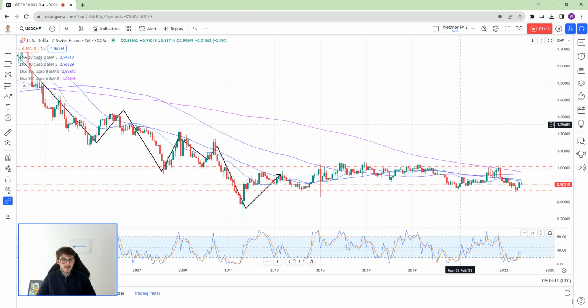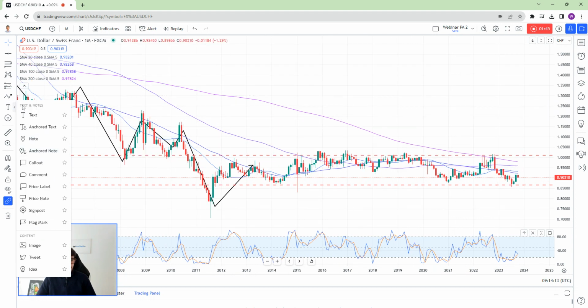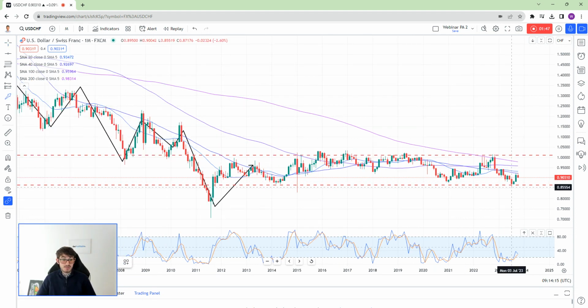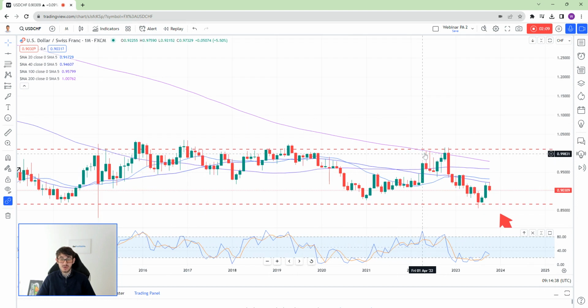So the basis for how I'm looking at it now is much of the same, because you've proven that the market has just gone sideways within this range. It hasn't really gone below 0.83 since 2015, so it's mainly stuck between about 0.86 and about 1.01 for a very long time.